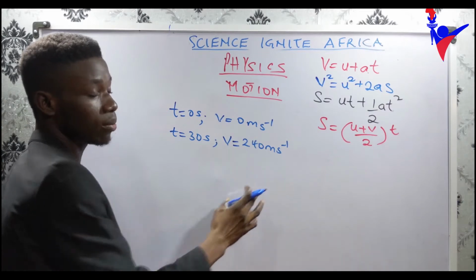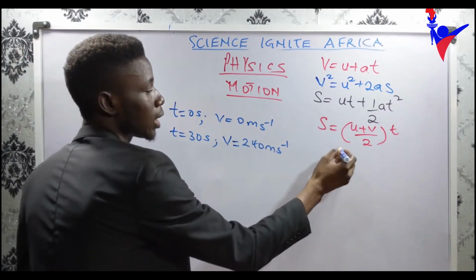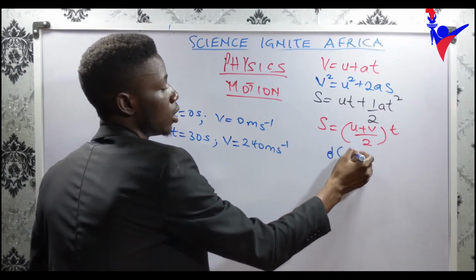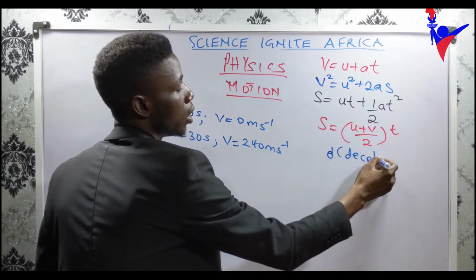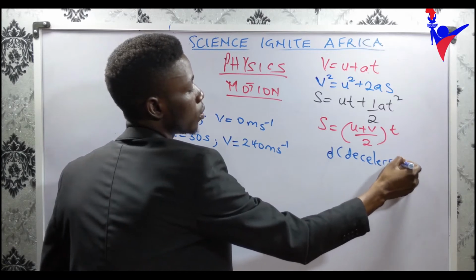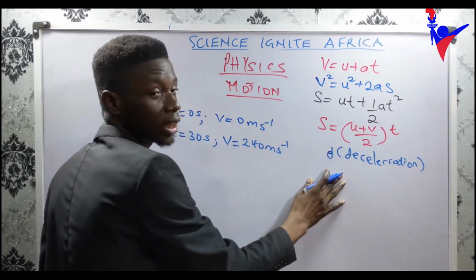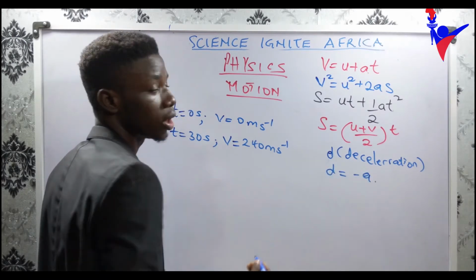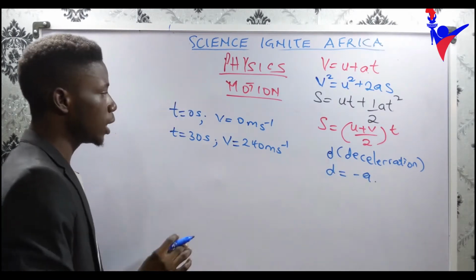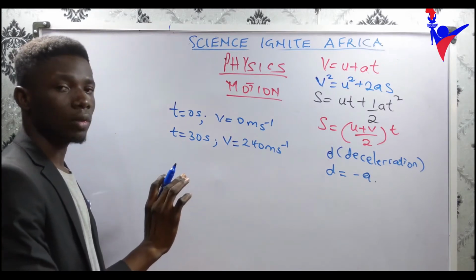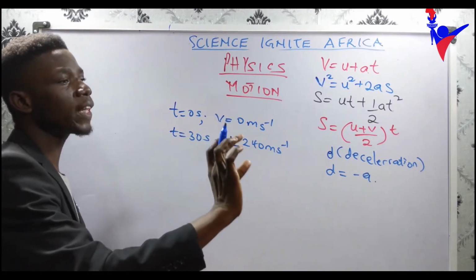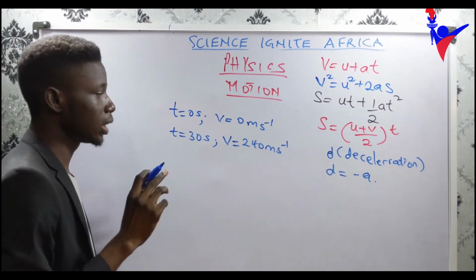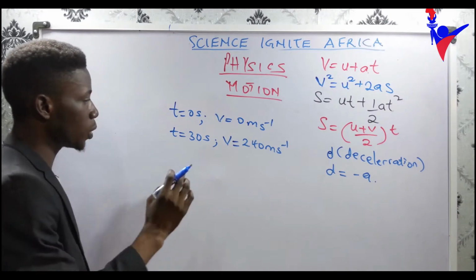So if we represent that mathematically, if D represents deceleration, then that means that D equals minus A. So let's take note of that. Now, because for this next stage of the journey, after which the acceleration was reduced to 5 meters per second squared, it's a deceleration. So we now have new parameters.